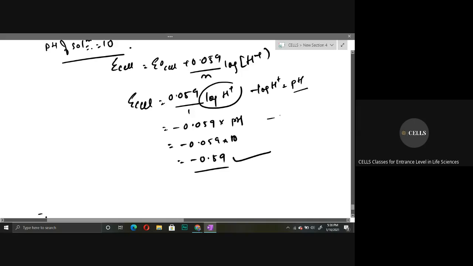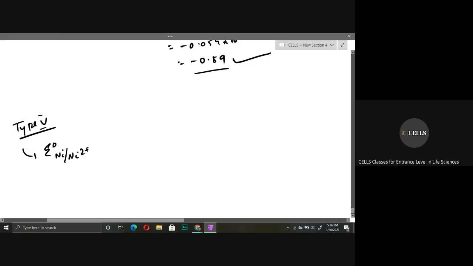So minus 0.059 into minus log H plus is nothing but this one. Minus minus becomes plus, but we are writing it with a minus so that we can write minus log H plus as pH. So this minus sign is now coming. Okay.